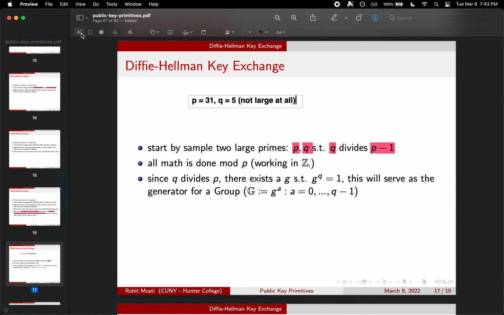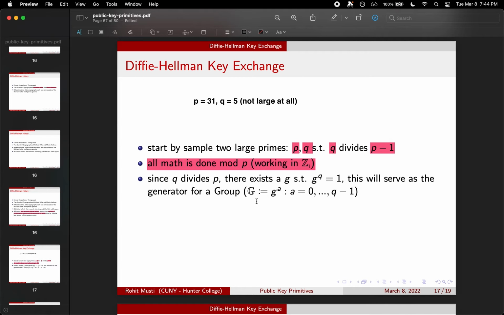The next step is that you do all the math mod P, so you're working in Z_P. And since Q divides P minus 1, there exists a G such that G to the Q equals 1. So like 5 to the whatever might equal 1.